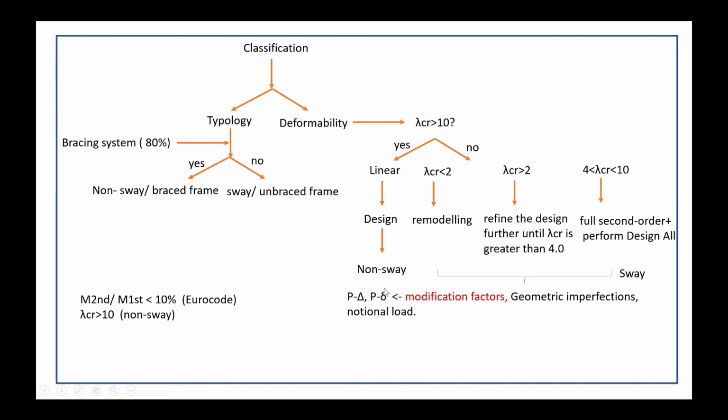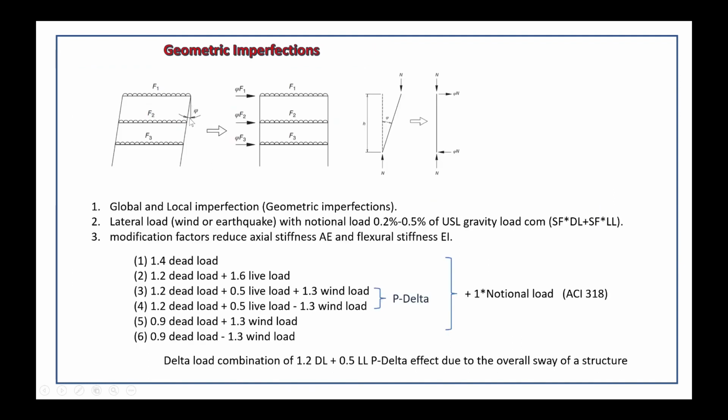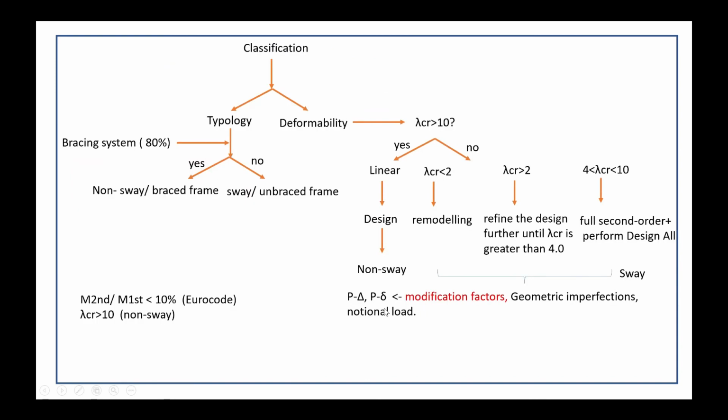We talk about the inclination, but we can use the equivalent method by applying notional load. Okay, with notional load applied, you can run non-linear or linear analysis according to lambda critical. For the code, you can compare the second order moment with the first order moment.